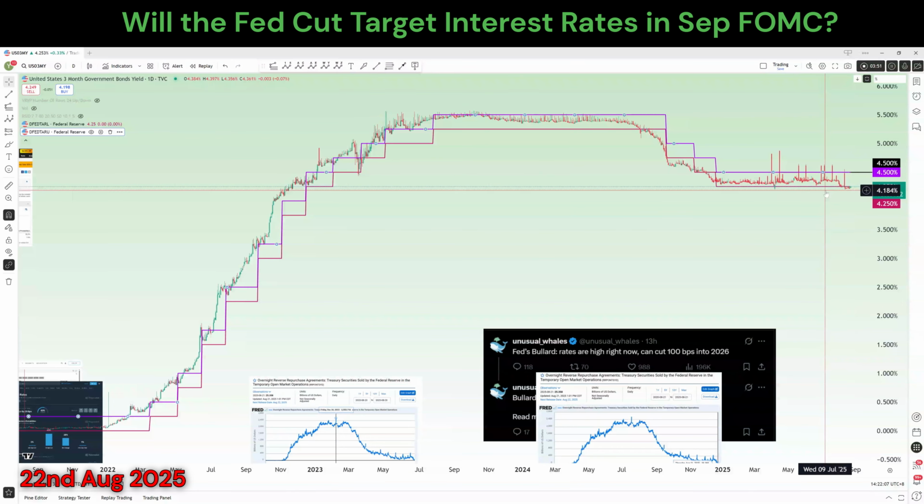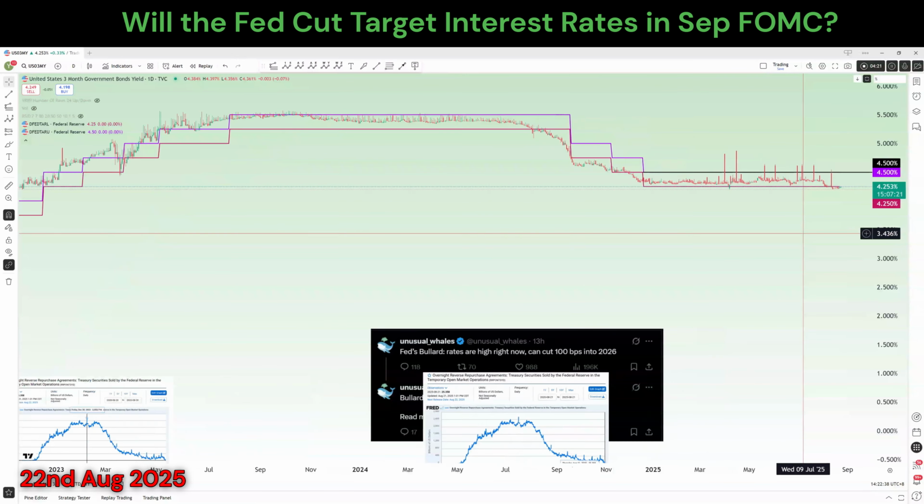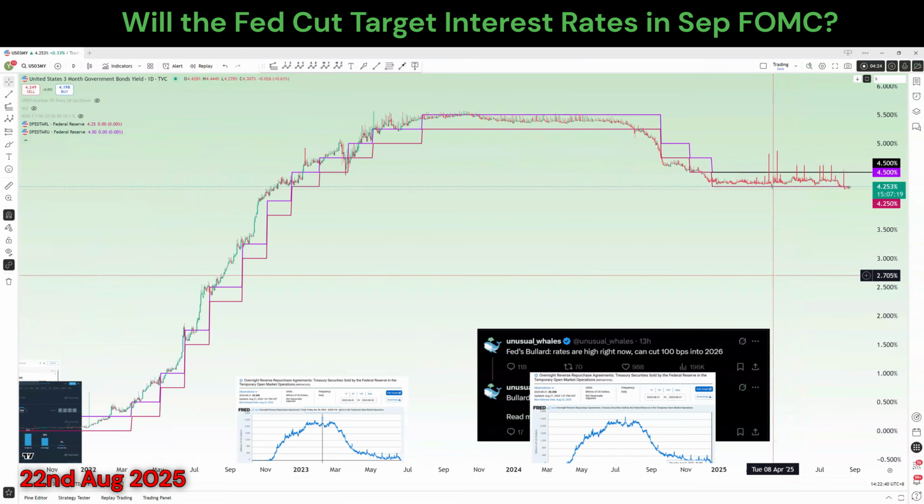Let's say they want to cut the target range by 25 basis points, and there's no real demand out there to buy the bonds to push the yield lower. What they will have to do is monetize the debt. Another way of saying this is quantitative easing. Another crude way of saying this is that they will have to print money to buy from the government, so it's funding the government using money that they printed.